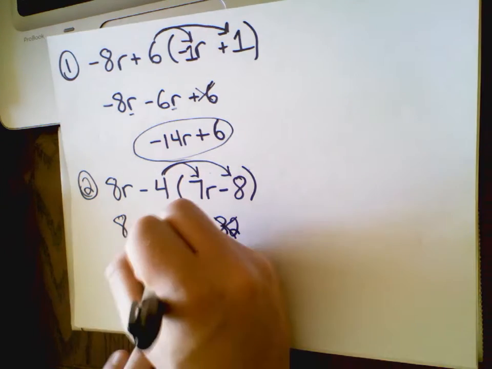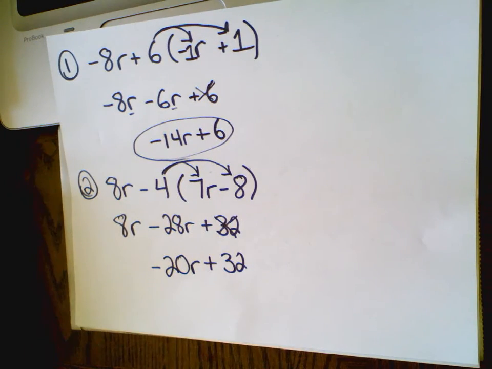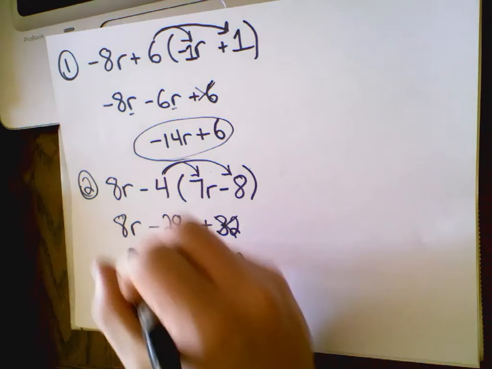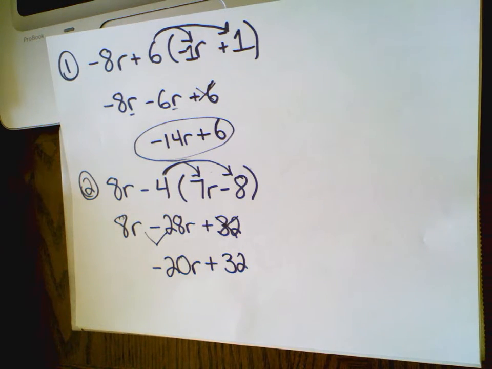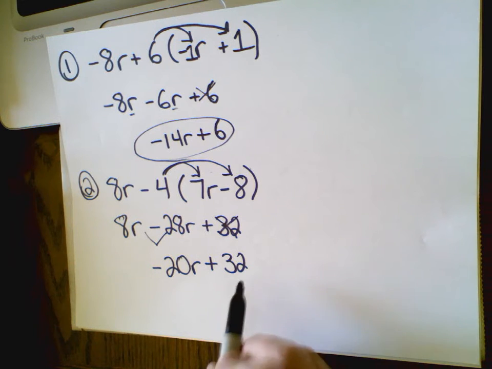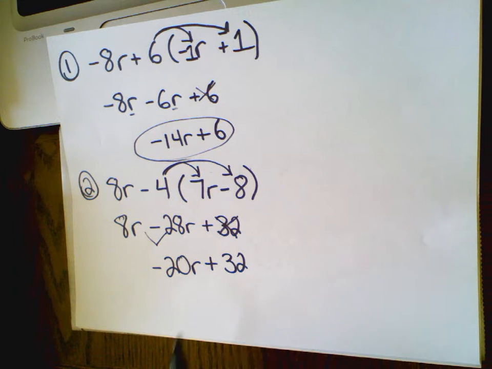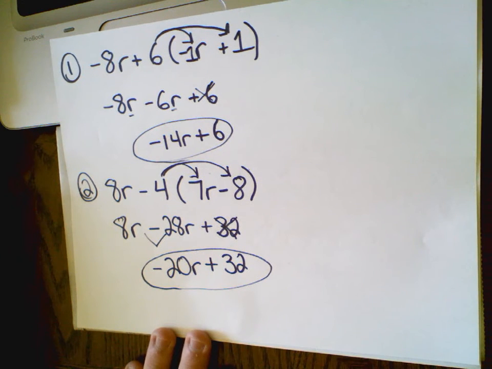My answer would be -20r. That was the math for this. Now as I look at my final answer, I can see that -20r cannot be combined with 32. I have to leave it alone, and this would be my final answer.